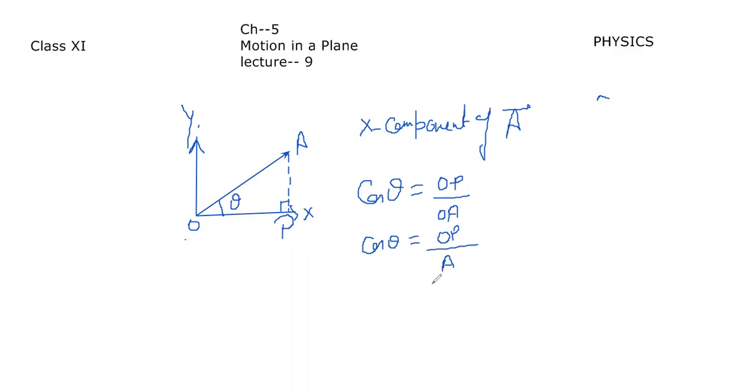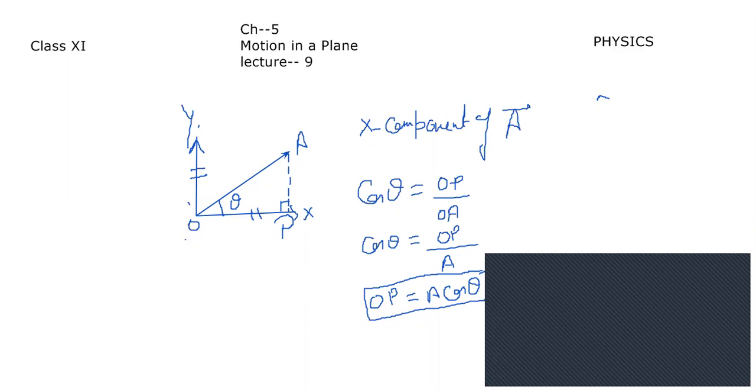That is the magnitude of A. So OP we get A cos theta. So if we resolve a vector, then the near side of theta is always cos theta, and the far side of theta is sine theta. In this diagram, OP is the near side and OY is the far side.